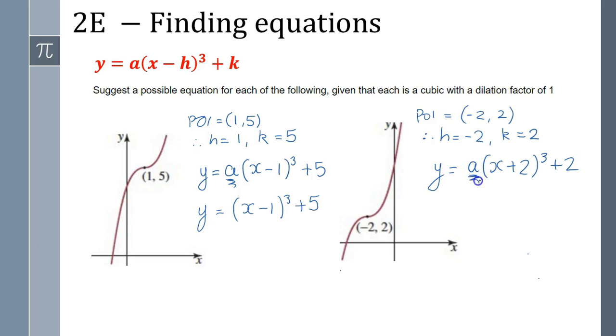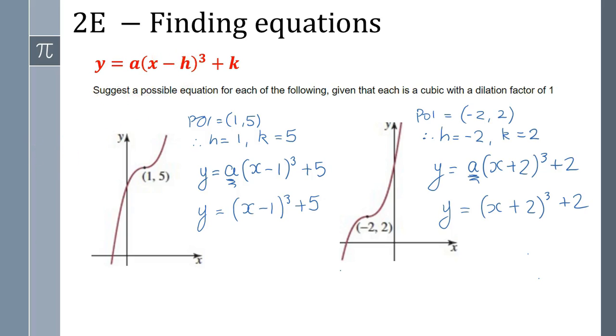Again, I know a is 1. I'm going to have a look, it's positive. Therefore, my equation is (x plus 2) all cubed plus 2. So very similar to the quadratics and turning point. As long as you've remembered that h is the opposite sign, there's not too much new there.